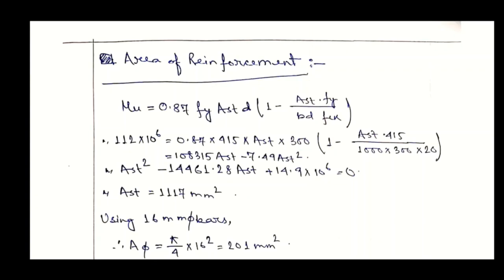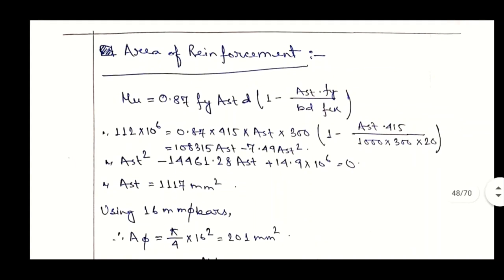that is 1117 mm square. So if you use 16 mm dia bar, then the cross section of the bar will be pi by 4 into 16 square, that is equals to 201 mm square.